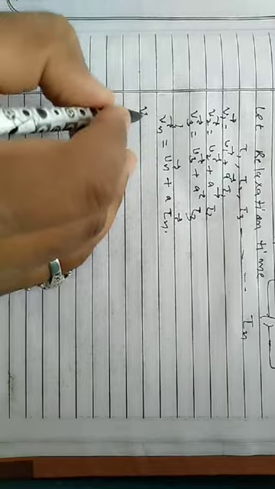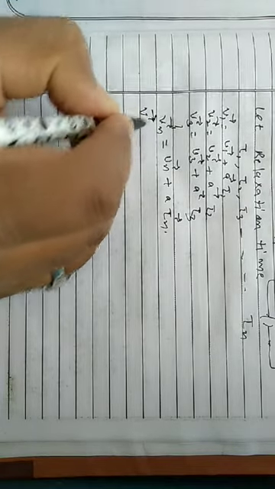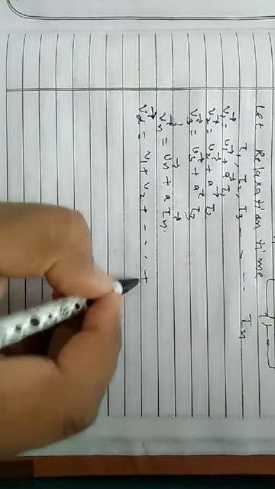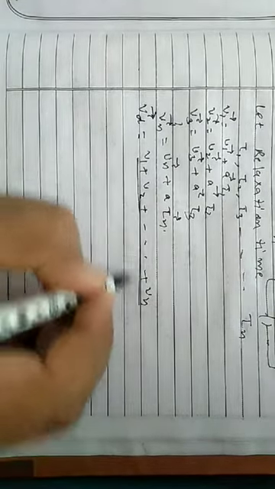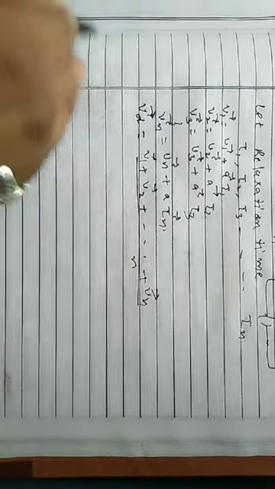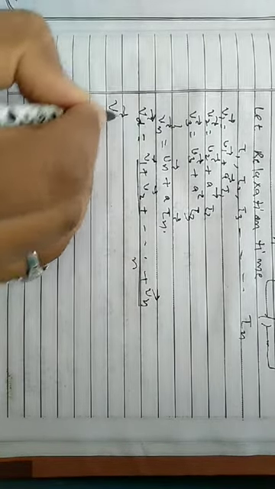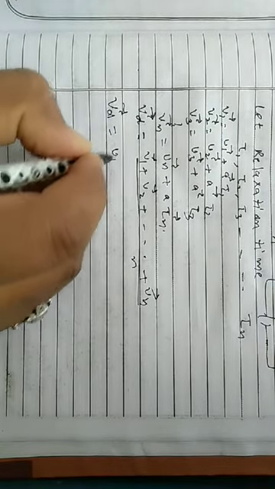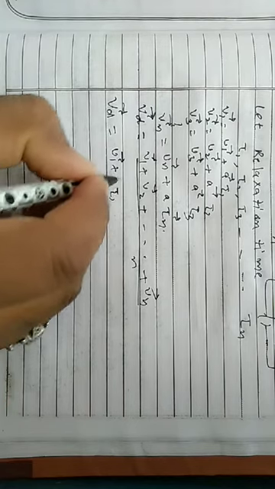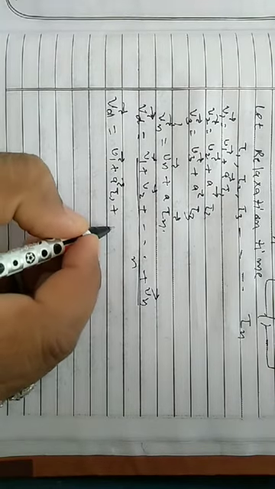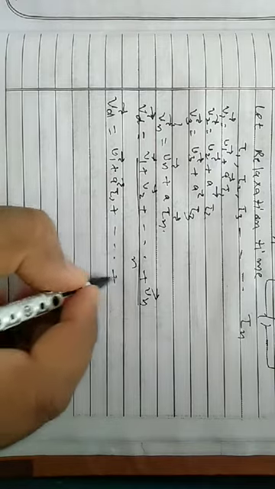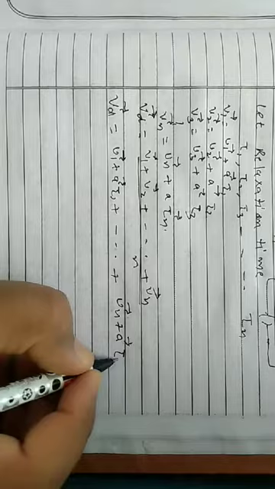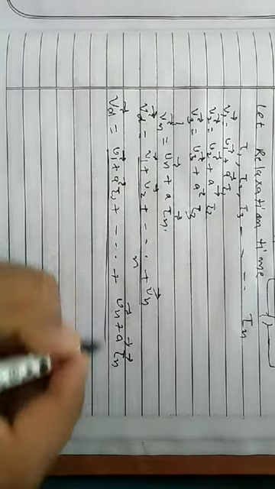Now, average velocity is known as drift velocity. Therefore, vd is (v1 plus v2 up to vn) upon n. Now we put the values of v1, v2 up to vn, which are u1 plus a into t1, up to un plus a into tn, all upon n.